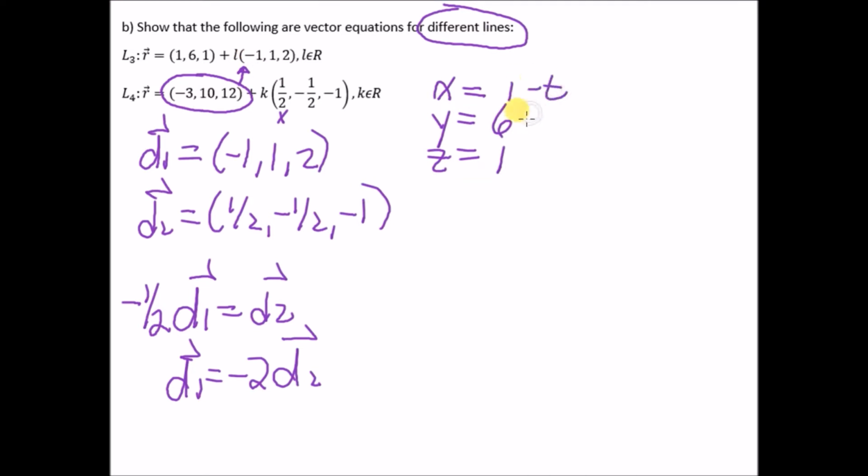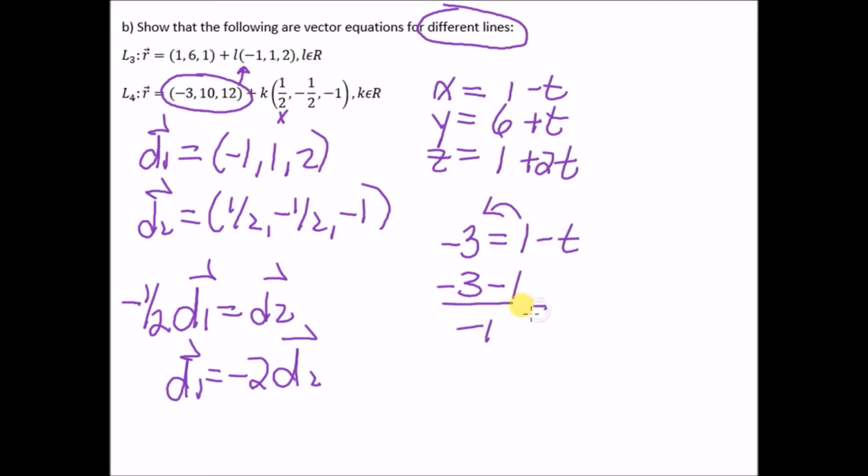Negative t plus 2t. Now let's test if negative 3, 10, and 12 have the same parameter. Let's sub in negative 3 and isolate for t. Negative 3 minus 1 divided by negative 1.